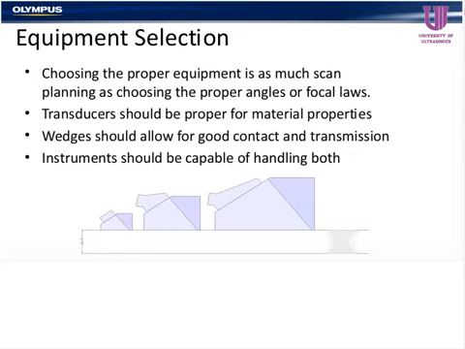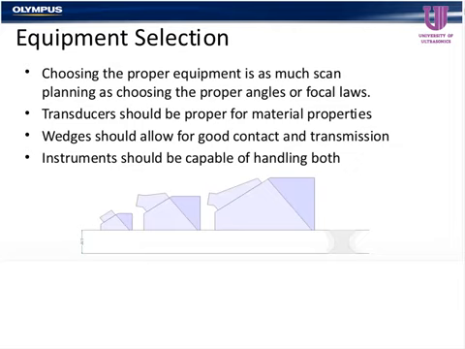Now, in going about building the scan plan, using the hand-drawn or using a software program, we have to start somewhere. Obviously, we are working to a specific part, so we should know the thickness of the part, we should know the material type, we should know the joint design. So where we have to start is the actual equipment.